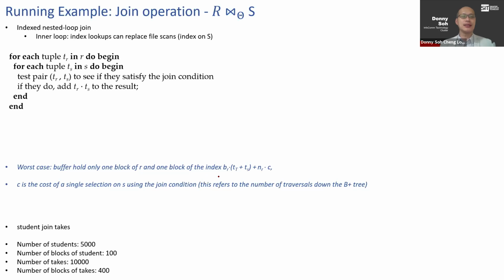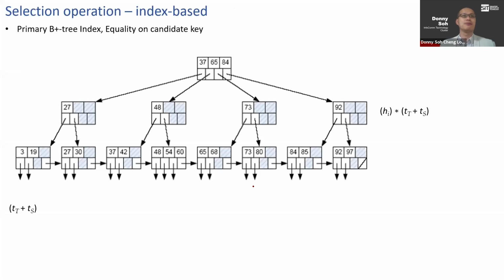Looking at this example like this, it's very hard to see, especially this C. This C is actually the cost of a single selection, and it's very hard to understand. The easy way to understand is to remember what we did last time.